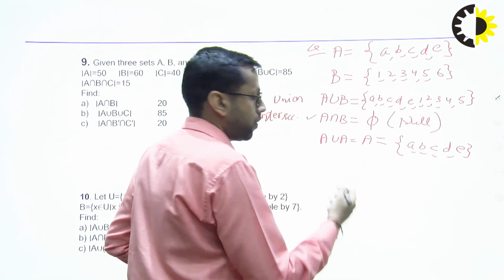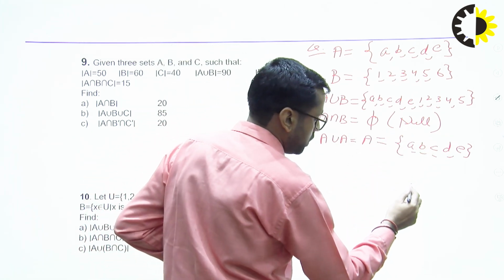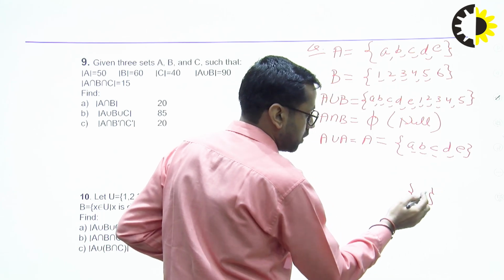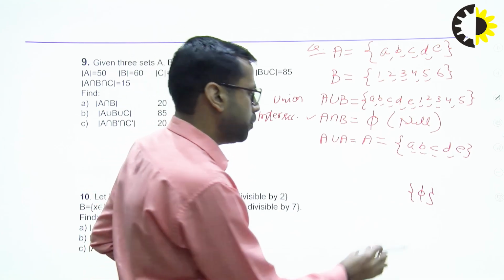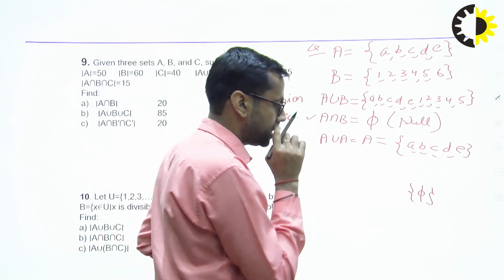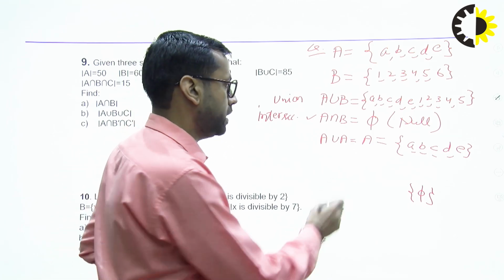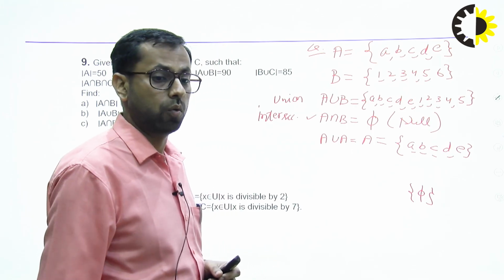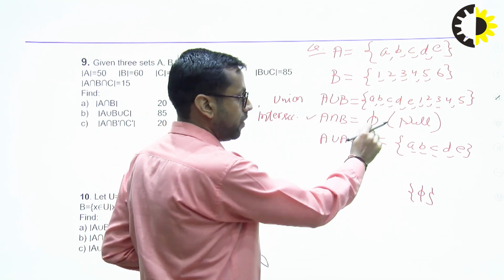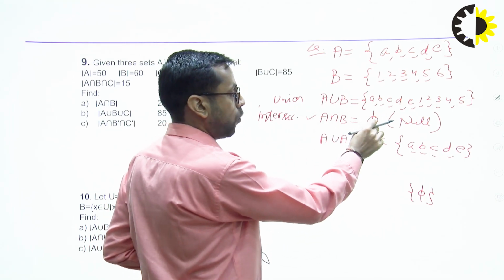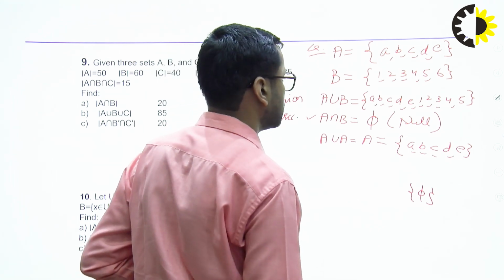When we indicate phi, we do not write it inside braces, because if we put phi in braces, that means a single element, phi, is countable, whereas here it indicates a null value. So whenever we represent phi as a null value, we do not put it under braces.